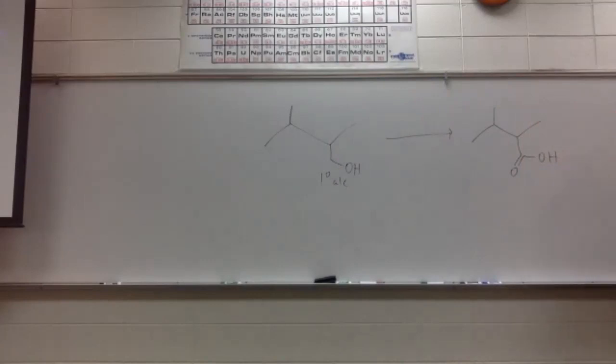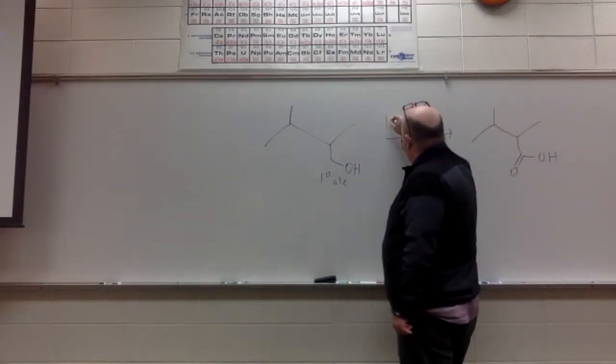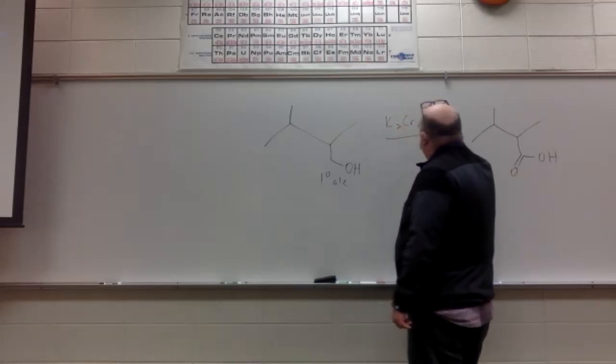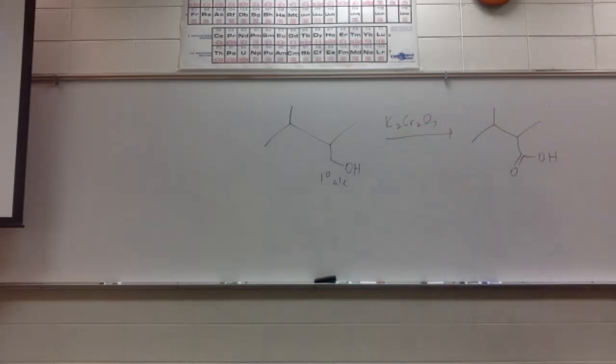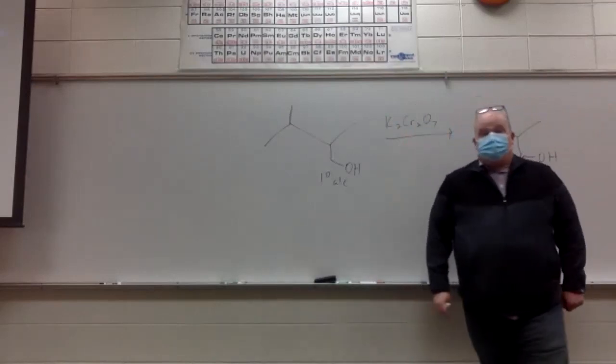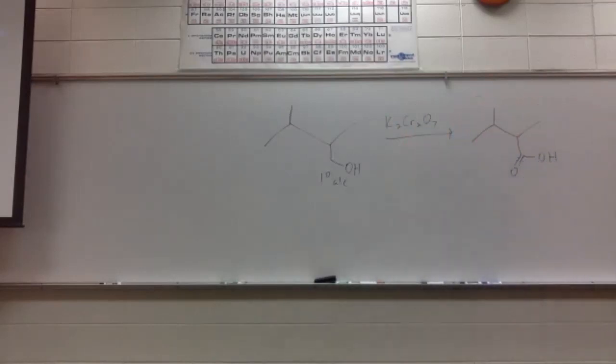There are several different ones that you can use. They're listed in your book. The ones that we've been doing primarily as examples are potassium dichromate or sodium dichromate, like K2Cr2O7, Na2Cr2O7. You could also use, I think, potassium permanganate, KMnO4.